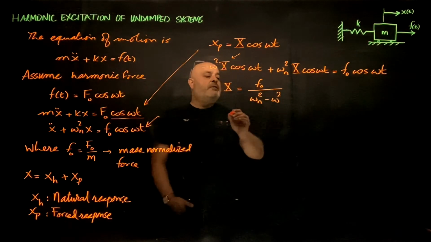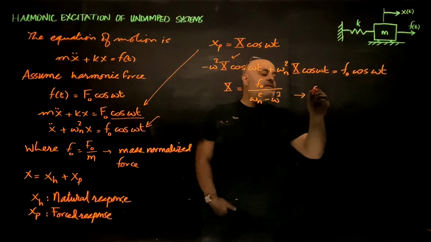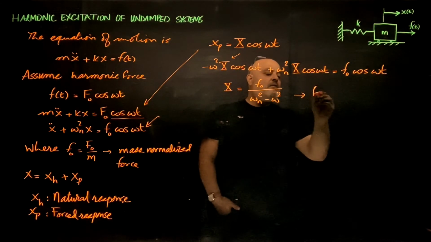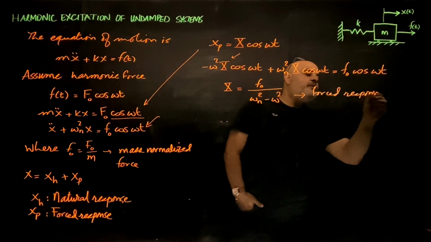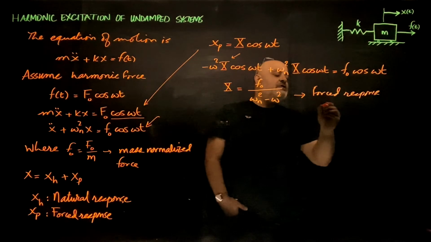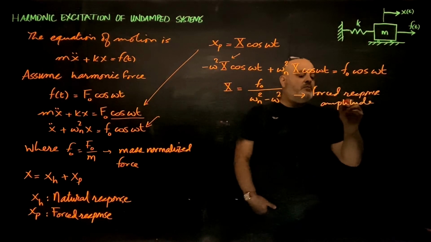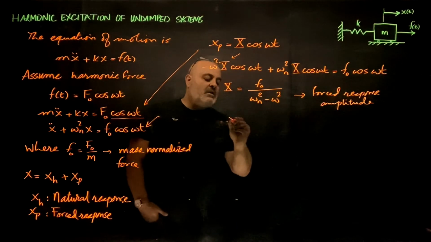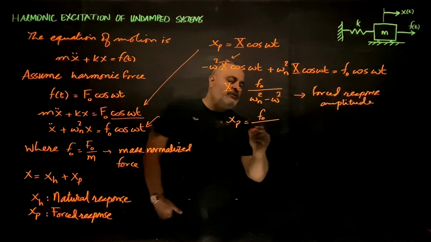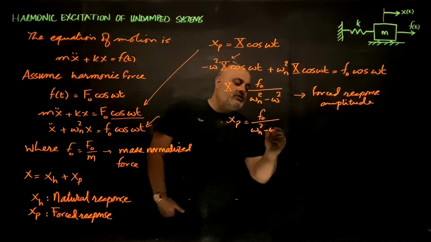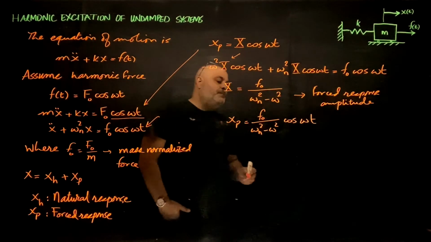So now that means that this is the forced response amplitude, and xp is f0 divided by omega n squared minus omega squared cosine omega t.